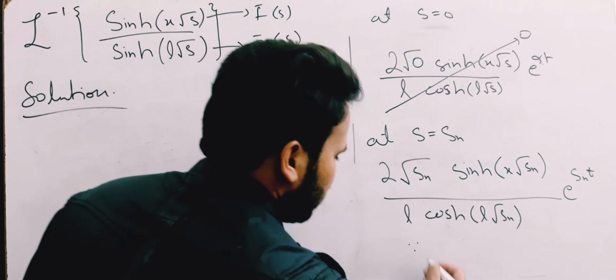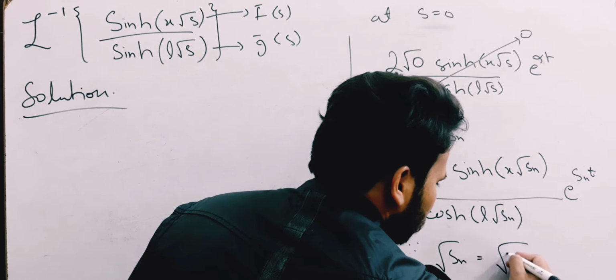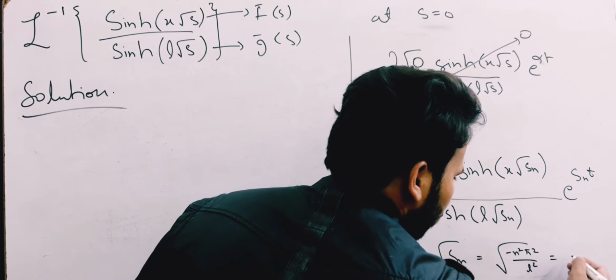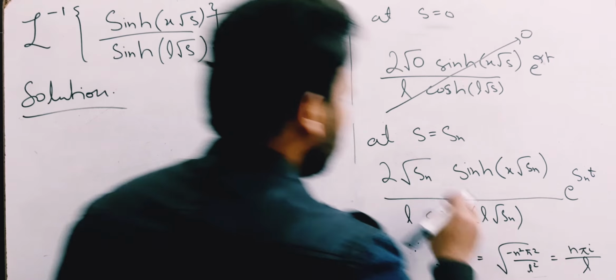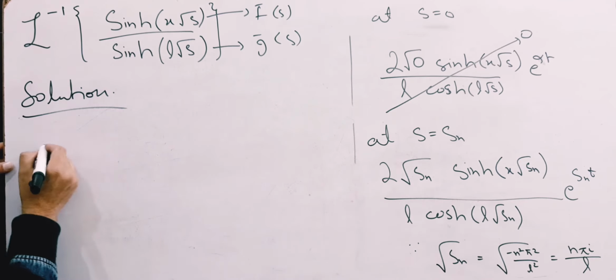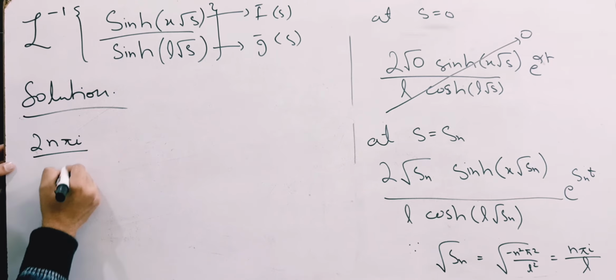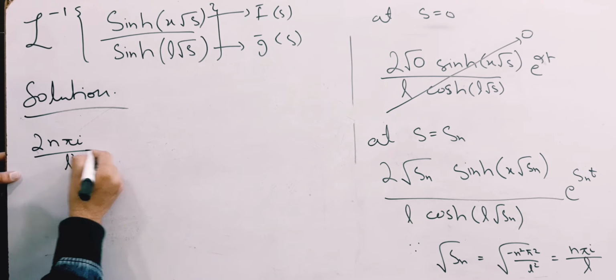I am simplifying here. Radical Sn equals radical of minus n square pi square over l square, which equals n pi iota over l. So this will be 2n pi iota over l. This l and this l will be l square.